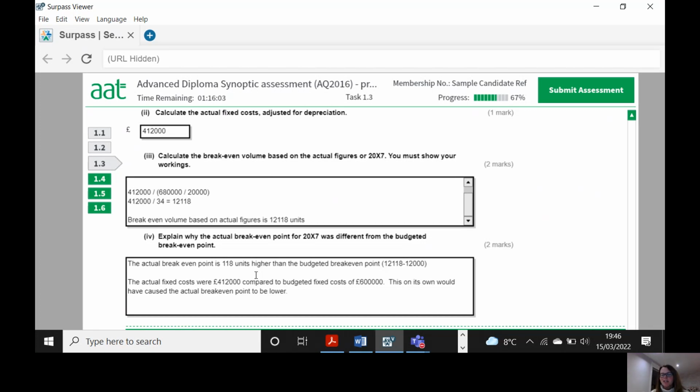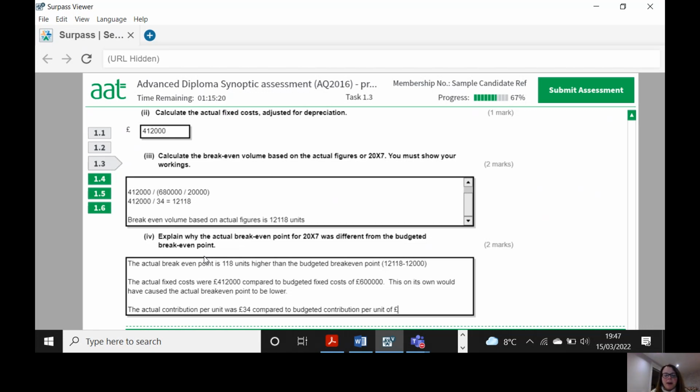Right, as we've said up here, it's actually 118 units higher. So then I would go on and notice what I'm doing, lots of space, lots of concise, punchy points. I would then have said the actual contribution per unit, we just worked this out up above here, was £34, compared to budgeted contribution per unit of, and if I look back at my original thing, it was the 170 subtract the 120, if you remember.